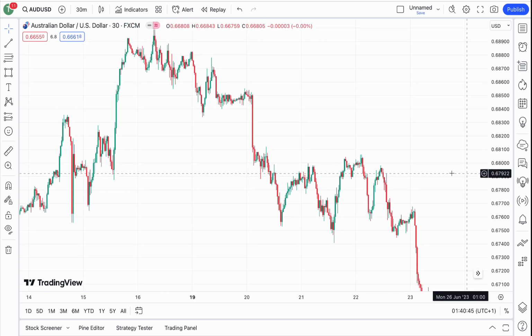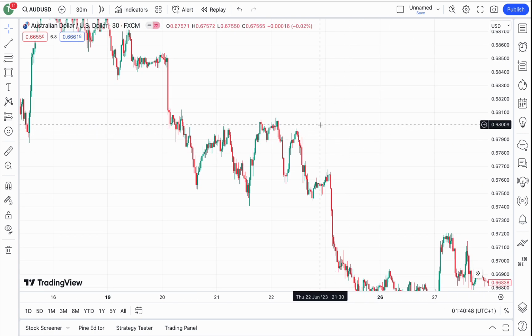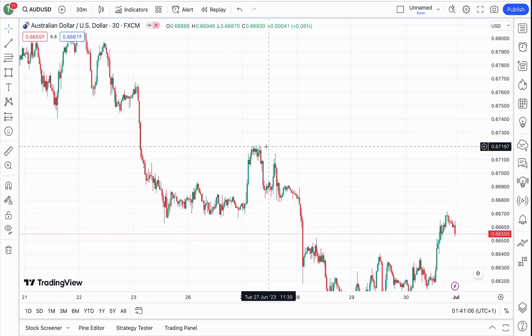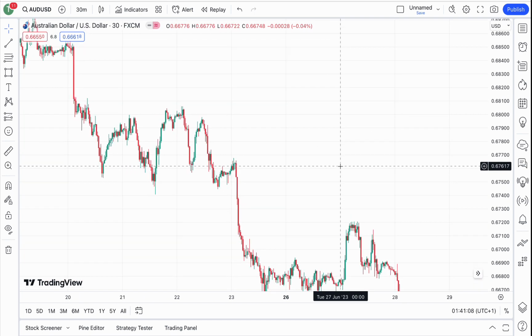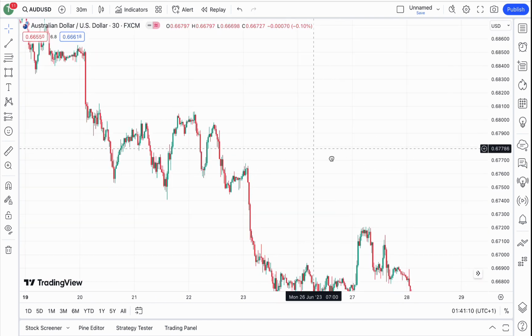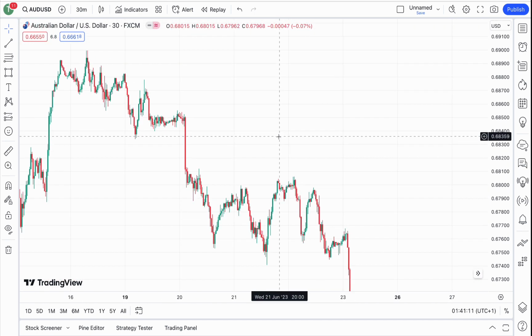I'm in my chart already. So for example, this is what we call a downtrend when it comes to market structure. A downtrend most times is made up of bearish order flows, because there are a vast number of order blocks from which you could take selling opportunities. As we see, this downtrend is a bearish order flow, with a huge number of order blocks you could decide to sell from.